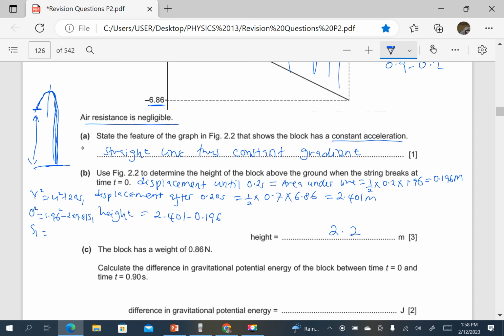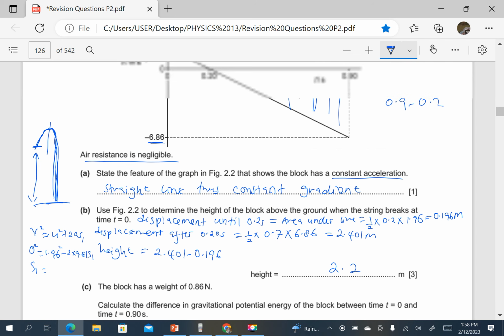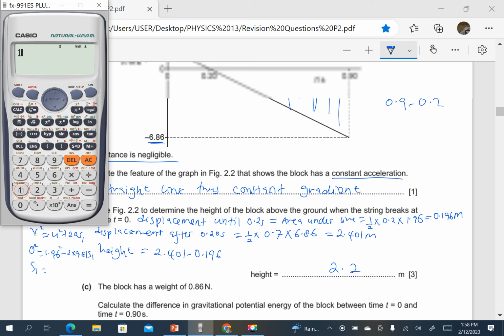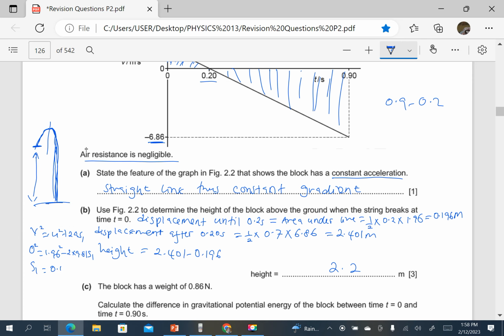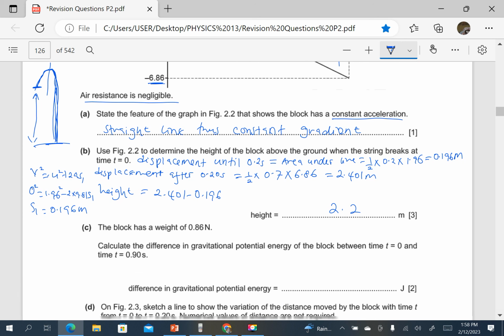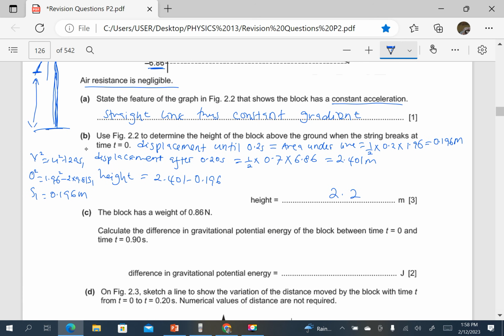So s1 is, I'm just going to press the calculator, 1.96 squared divided by 2 times 9.81, and that gives us 0.196 meters.